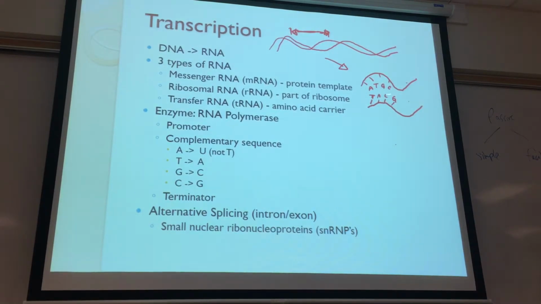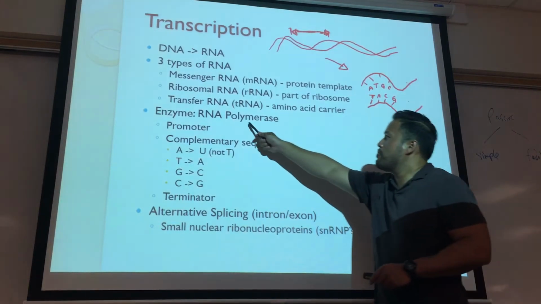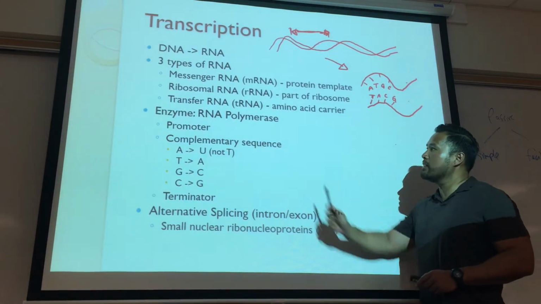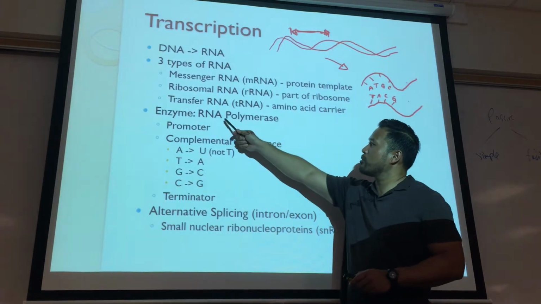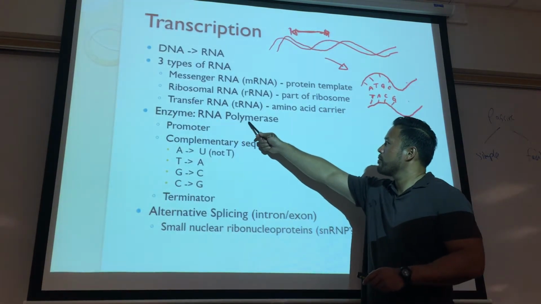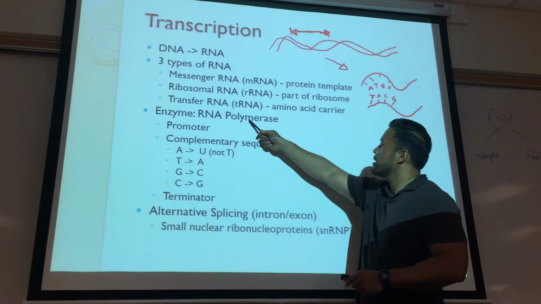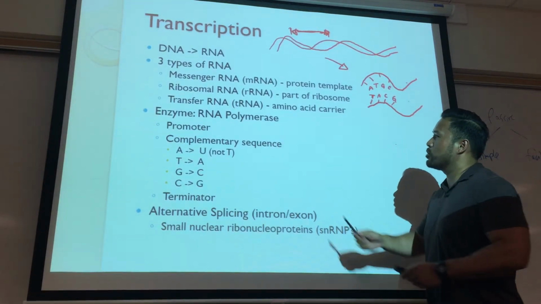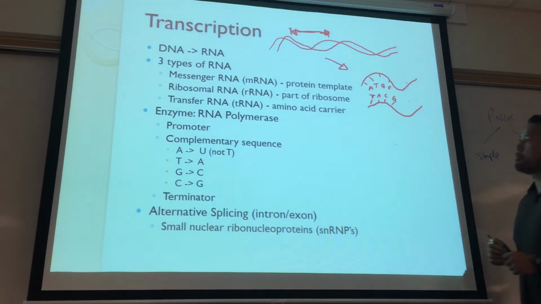We're going to take this portion right here, and we're going to transcribe this into RNA. What is involved is an RNA polymerase, an enzyme that's going to create an RNA and string a bunch of nucleic acids into a polymerized form of RNA.